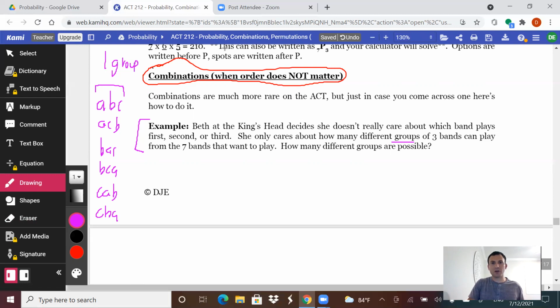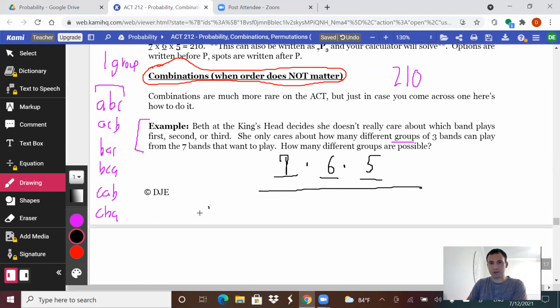So if Beth doesn't care about the order, we're not going to get a number as high as 210. We just want to know how many different groups. We don't want to know all the different arrangements of orders. So we do start off just like a permutation. We put out the spaces and we have to make 3 decisions. We have 7 options for the first band, 6 options for who plays second, 5 options for who plays third.